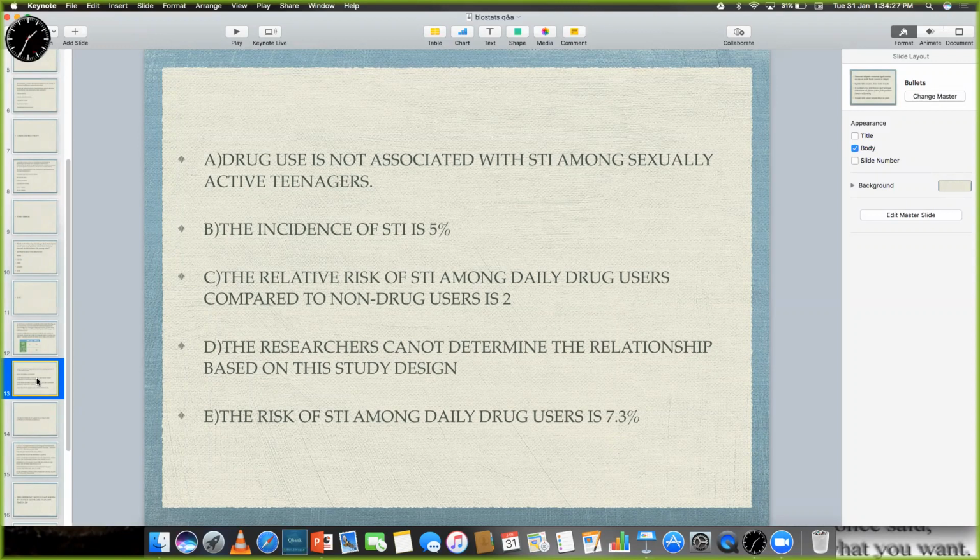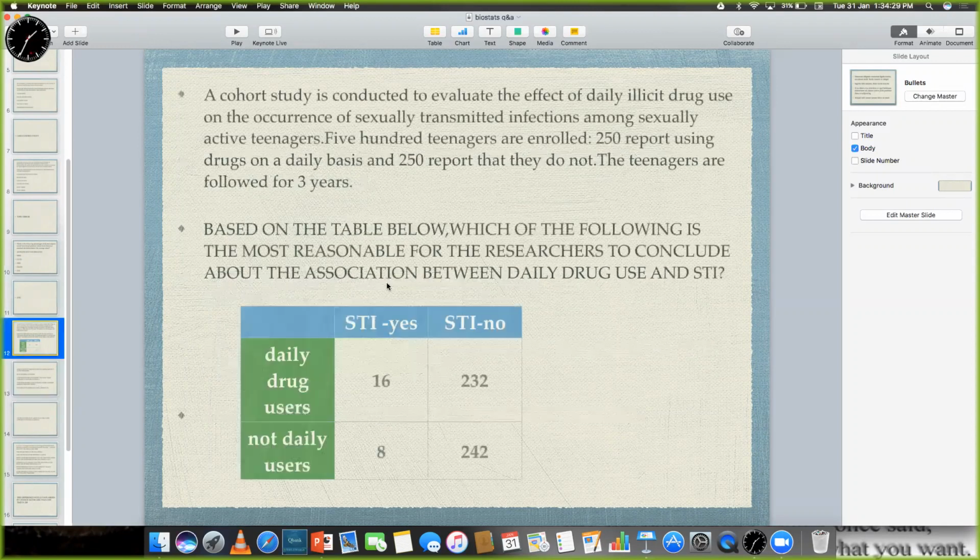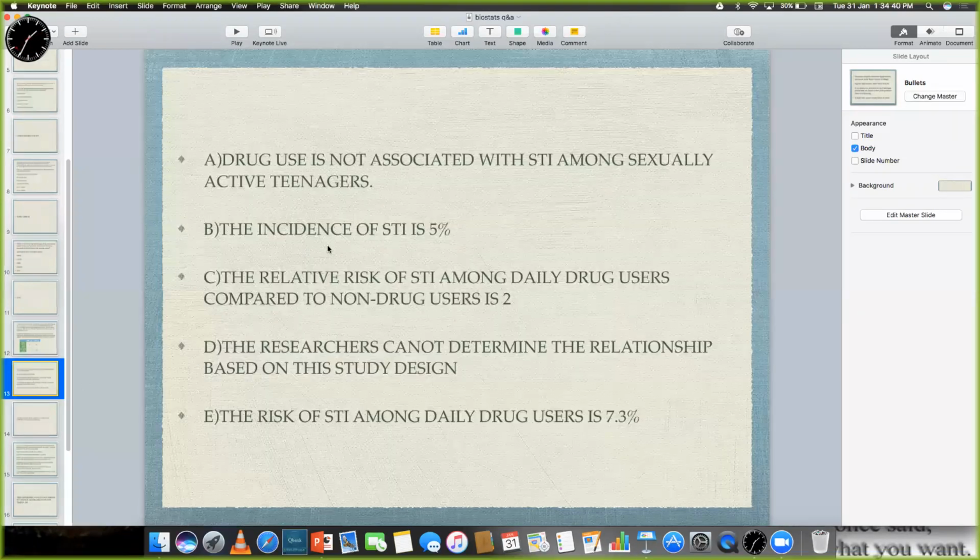No, because we have the relative risk to be 2. So daily drug users are 2 times more likely to have STIs. So you can rule out saying that STI is not associated with drug use. Option A is wrong for that reason.